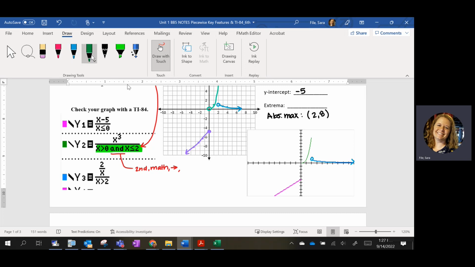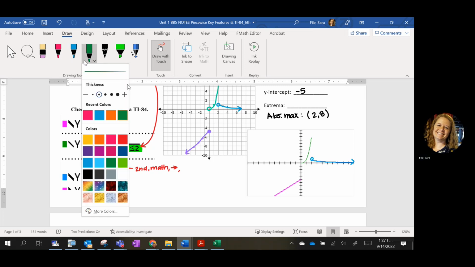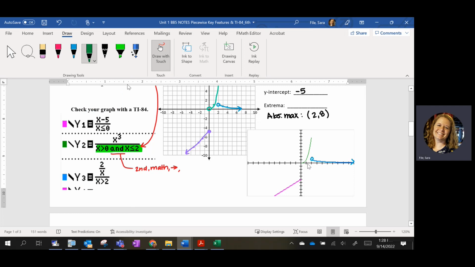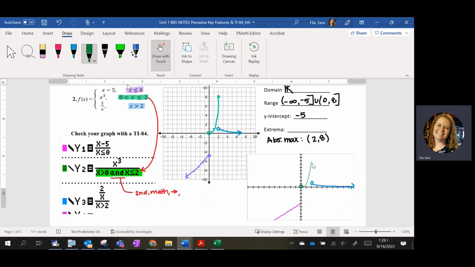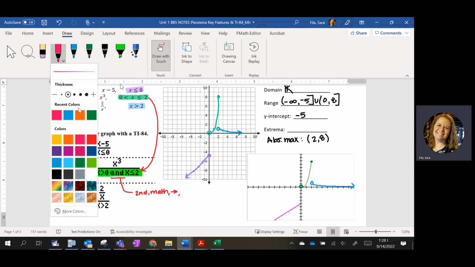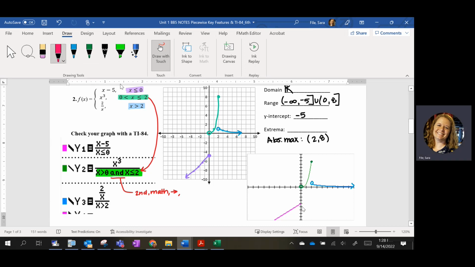And at the end of the green one, there should have been an open circle here at the origin. Then we said it was a solid point at the top, so you could put a solid point there. And on the purple, pink, I guess, whatever it is now, it was a solid point. It was included here, and then that was an arrow.